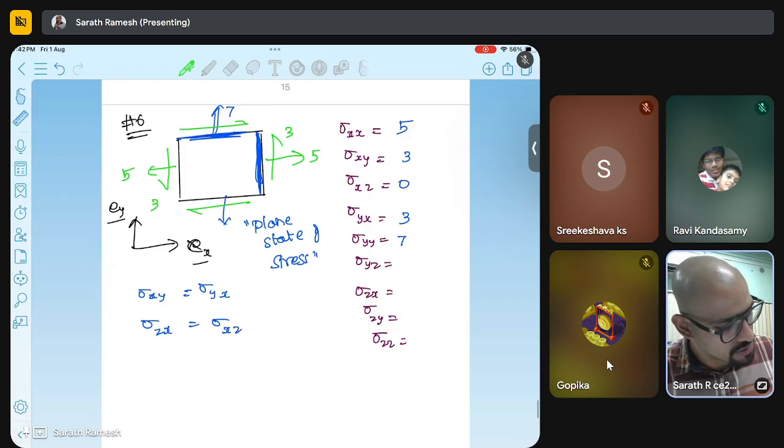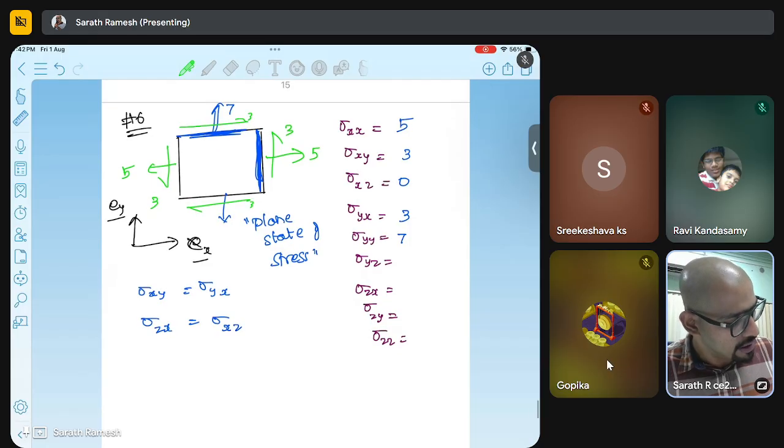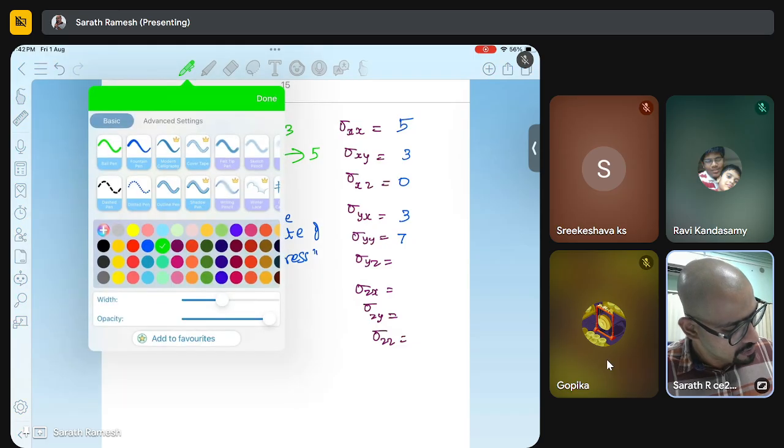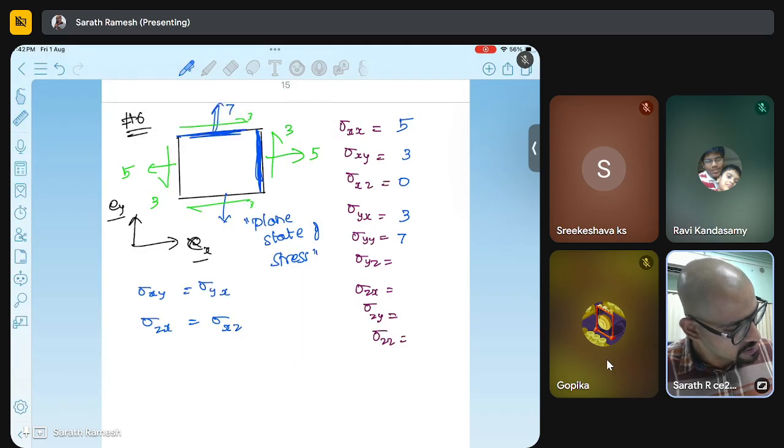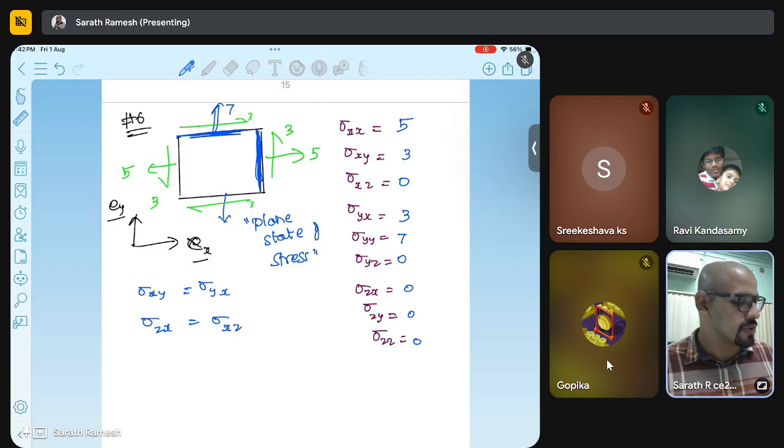I missed this here. Yz is 0. Zx is again 0. Zy is 0. Zz is 0. So these are the 9 components.